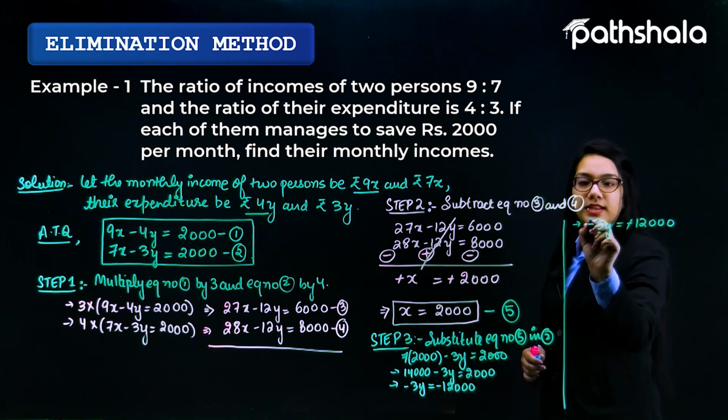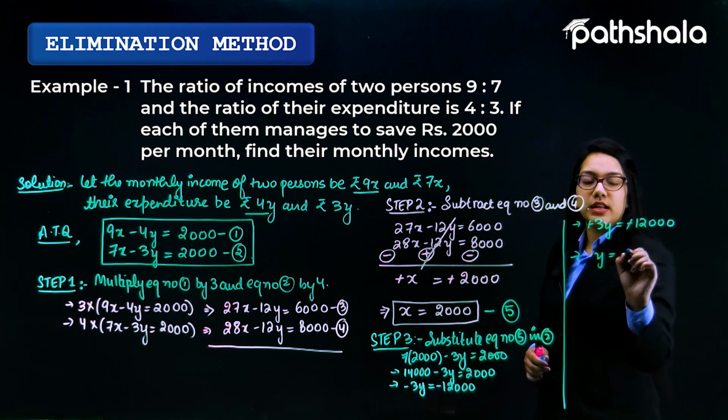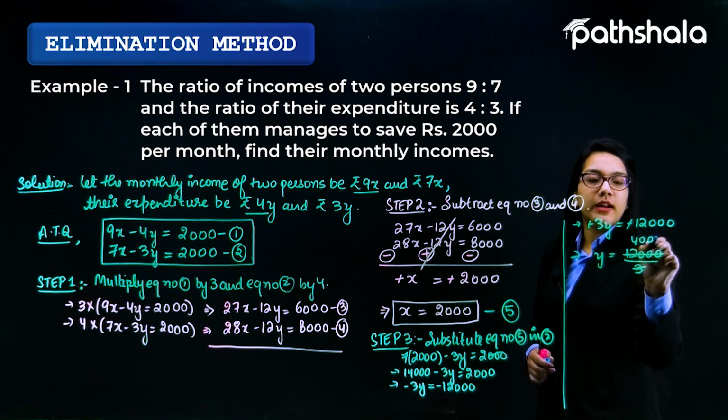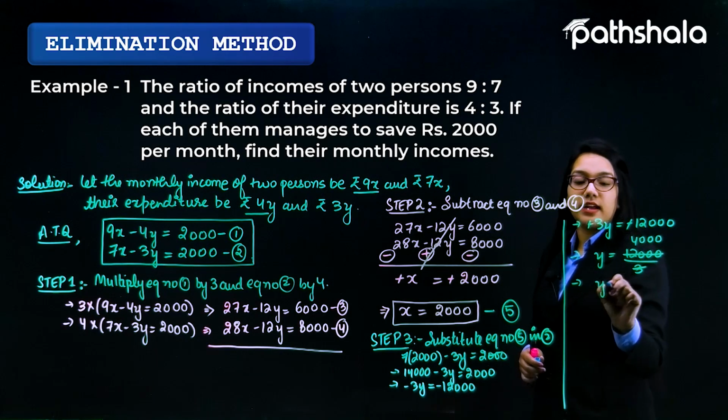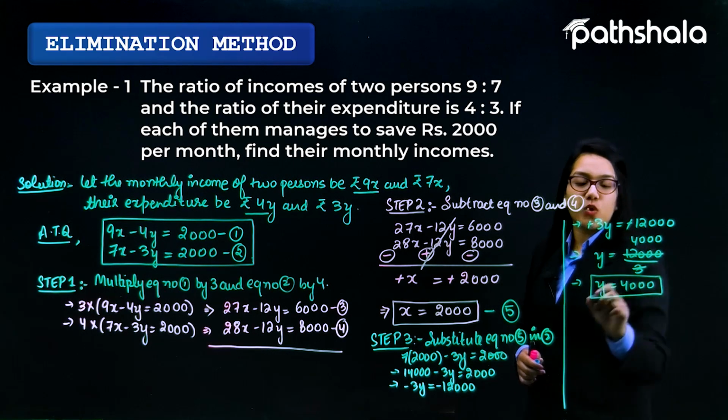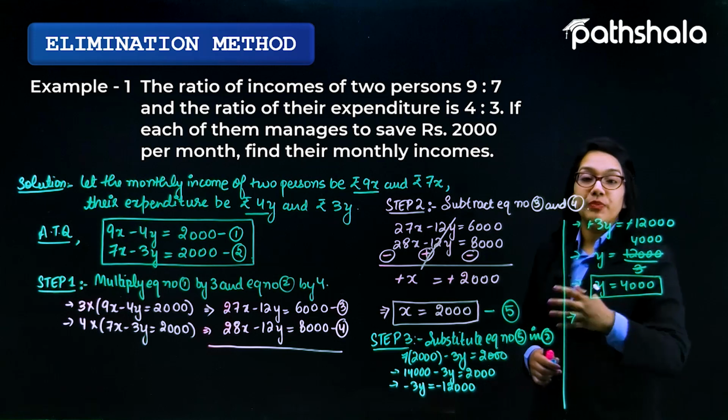Negative and negative get cancelled with each other. So y is nothing but 12,000 divided by 3, which is 3 into 4, and the value of y at the end we are getting is 4,000.